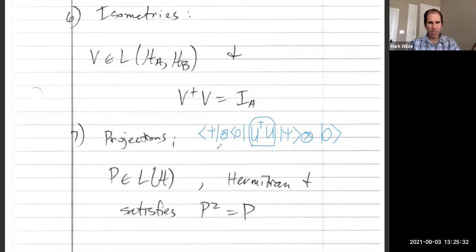That will evaluate to this, using the definition of tensor product. But this is 1, right? So it's gone. What we're seeing here is that this equality is true for all vectors psi.